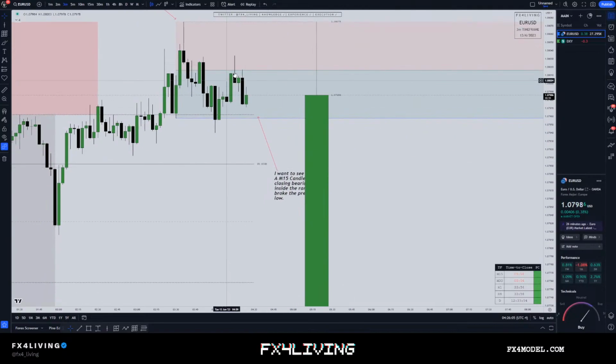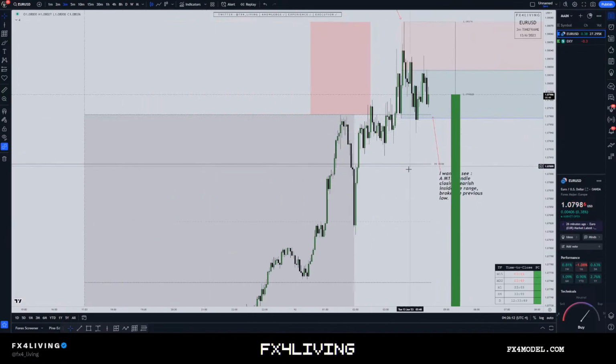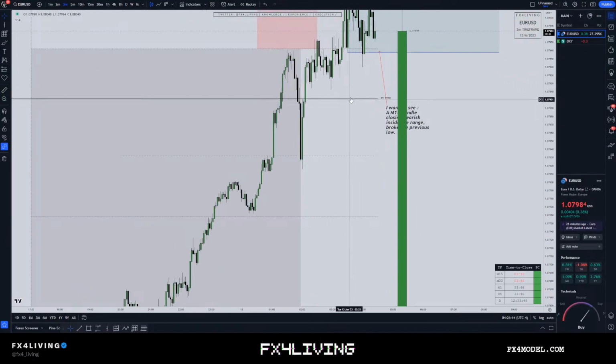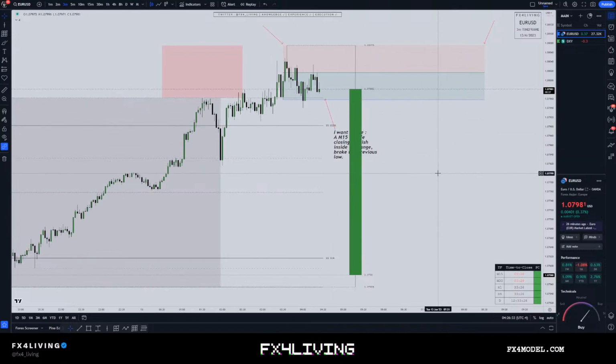So look, if I get the reaction that I want to see on a smaller time frame, rejecting a previous accumulation range, rejecting the previous daily high, which, if you check all the ICT videos, previous daily high can be a stop loss zone. There can be a lot of stop losses above the previous daily high, you know.